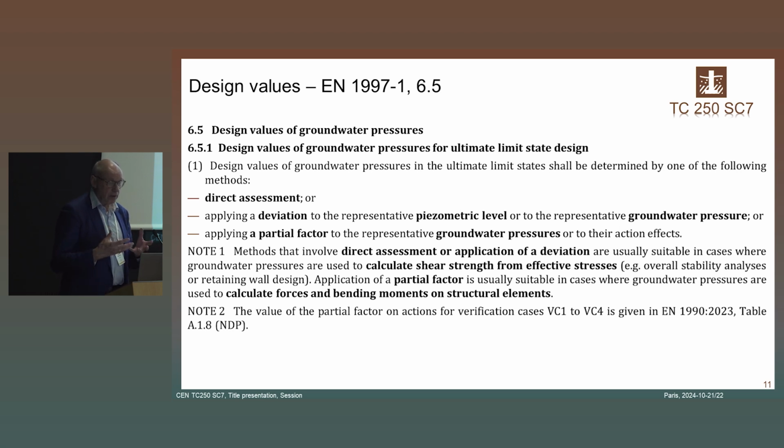Or you can apply a partial factor to the groundwater pressure. If you did the first 2, direct assessment or a deviation, you normally use that when you calculate design pressures in effective stress calculations, for instance. But if you have a caisson with a pressure acting on it from one side, you probably would use a partial factor. So both methods are allowed in Eurocode.